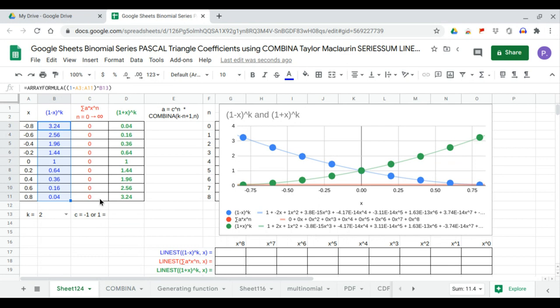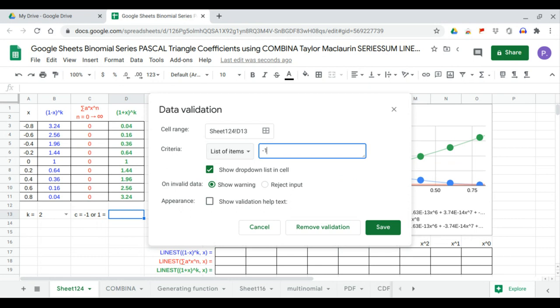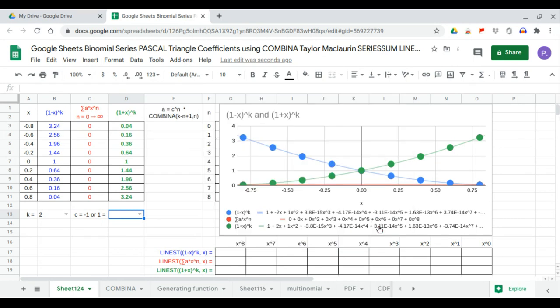It is positive 1 if it is 1 plus x to the power k. So we have data validation, list of items, negative 1 if it is 1 minus x, positive 1 if it is 1 plus x. These are the two values of c, negative 1 for this range and positive 1 for this range.